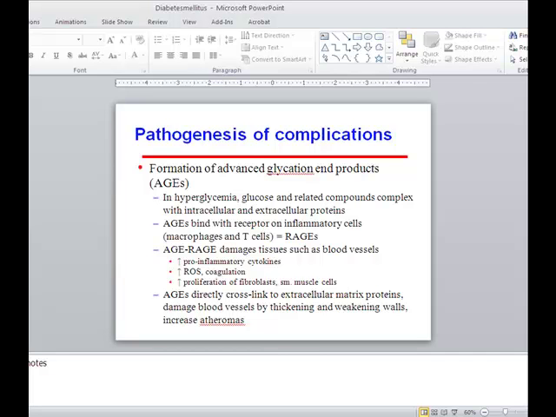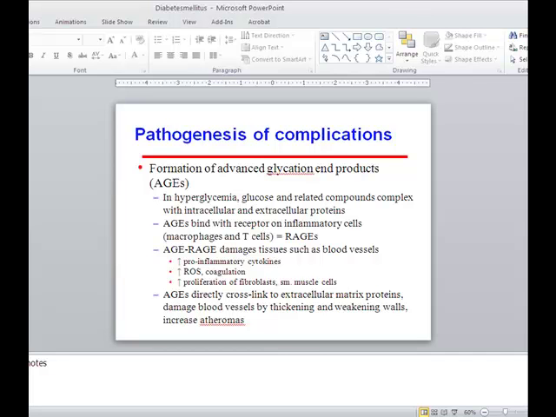an increase in these pro-inflammatory molecules like cytokines, which essentially contributes to an increase in the thickness of the blood vessel walls. And this AGE-RAGE also leads to an increase in reactive oxygen species within these cells.